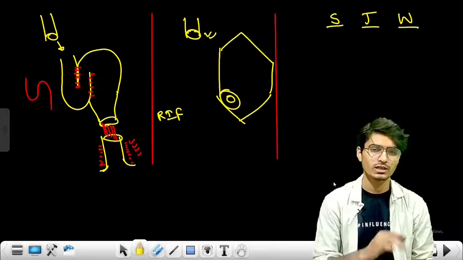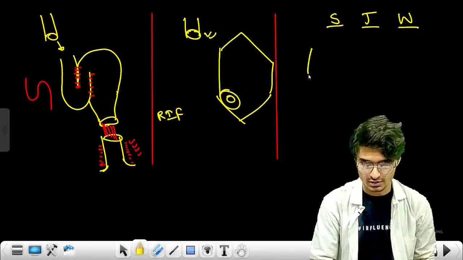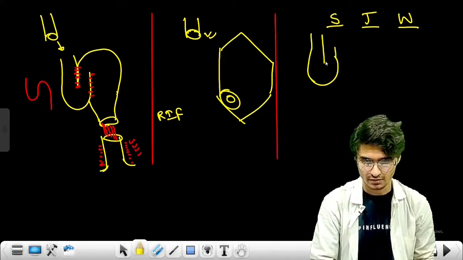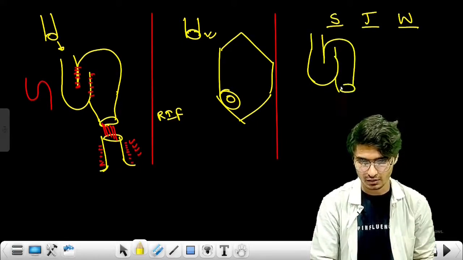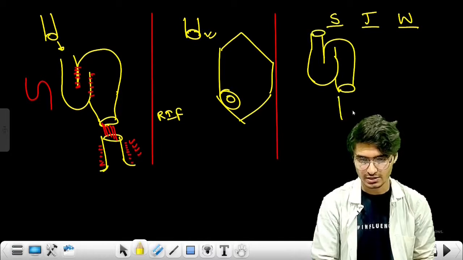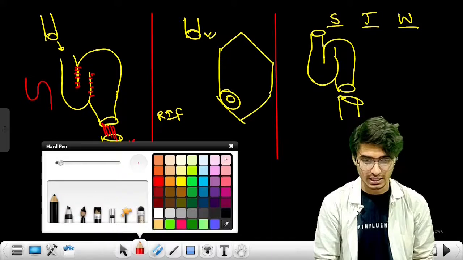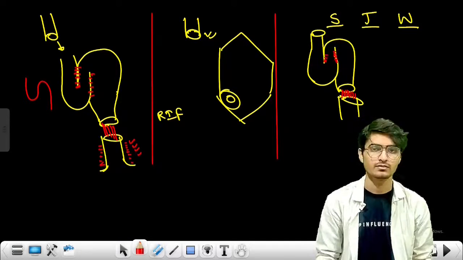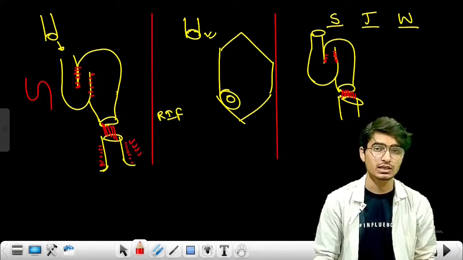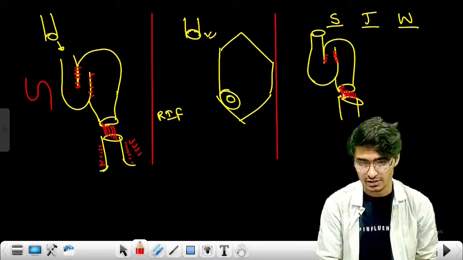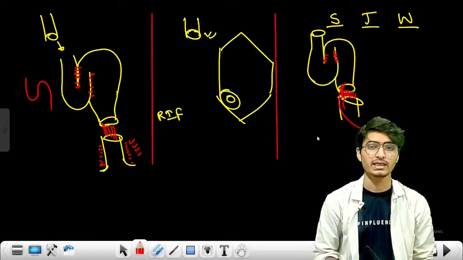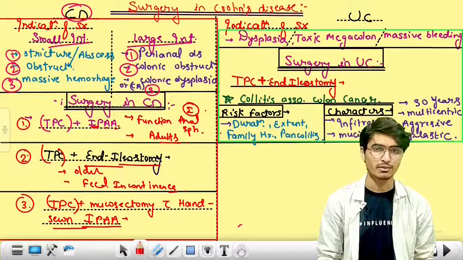We go for the same procedure as the first one, so that is our ileal pouch formation. That ileal pouch is anastomosed with the anal canal, but this procedure should be hand sewn. The left out rectal mucosa is excised, and that is called mucosectomy.